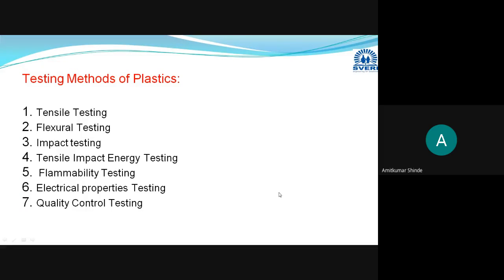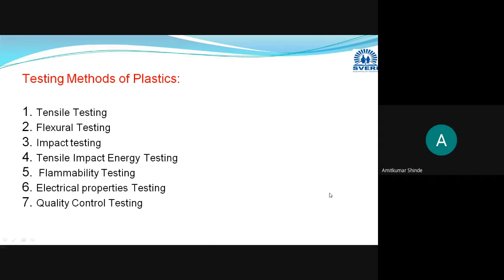Now, before using any material in actual practice, you should check what properties are there for that particular material. Depending on its properties only, we can decide the application of that particular plastic material. And here, to check the properties, we are going to conduct certain tests.